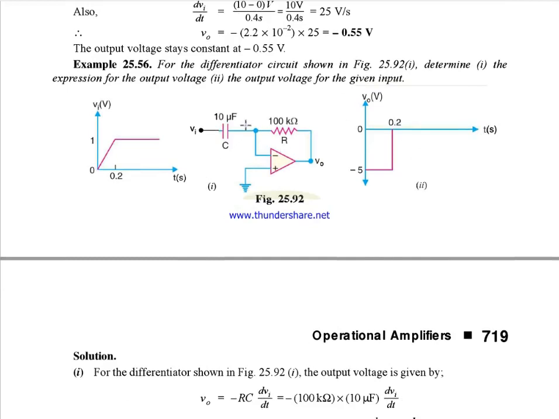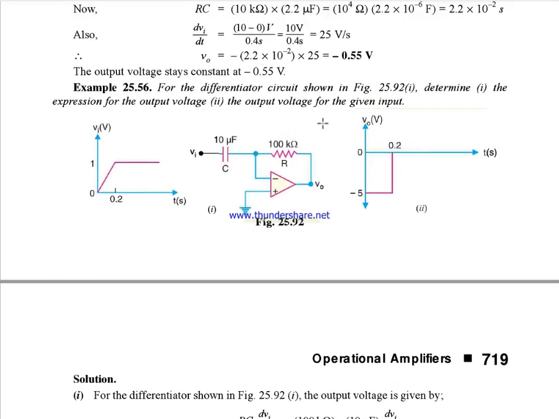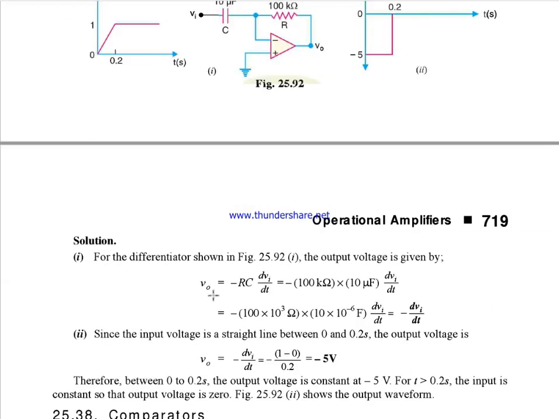Another one: the input is given, determine the output. So here, for the first 0.2 second, the input voltage is steadily increasing. It's a straight line. So the output will be minus RC dVi by dt.